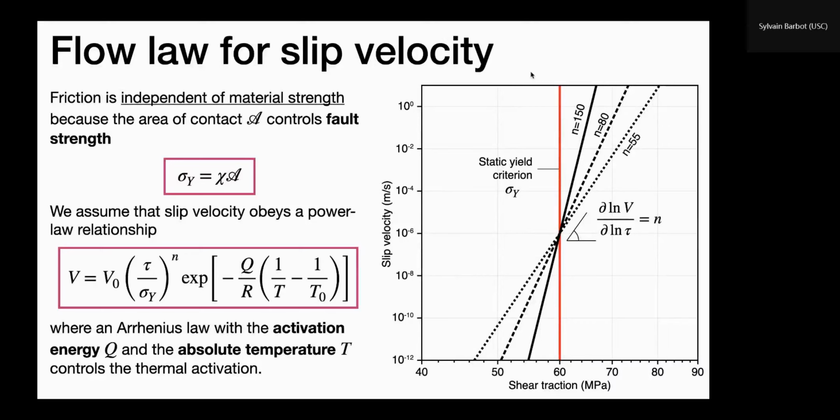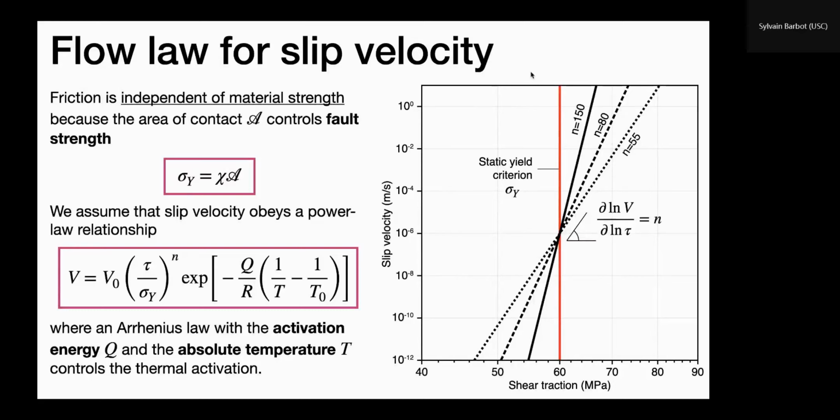So we have a yield strength, and then we're going to write a flow law that basically describes, if you know the stress and the temperature of the contact, you can predict the velocity of sliding. The stress, I should perhaps say, is basically the amplitude of the shear traction.